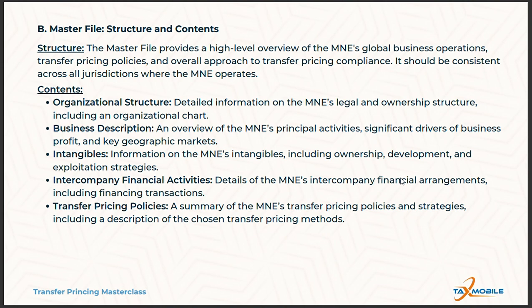1. Organizational structure. A detailed chart of the multinational enterprise's legal and ownership structure showing all related parties and geographies where they operate. Business description and overview of the key profit drivers within the multinational enterprise, including the supply chain for its 5 largest products or services, or those contributing more than 5% of global turnover.